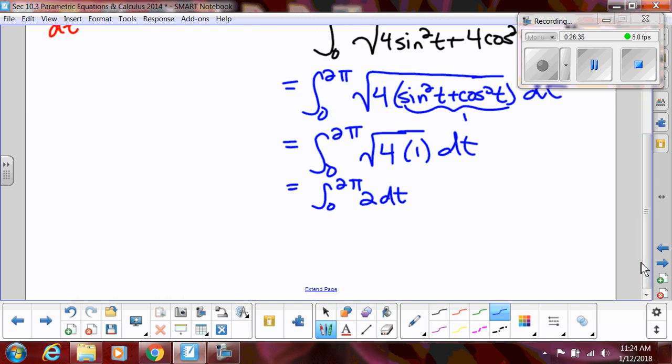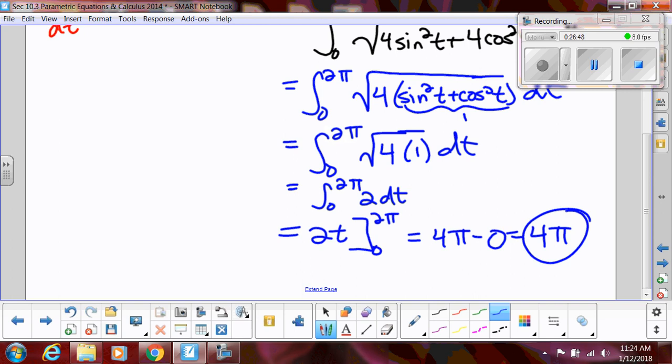So if we do the integration, super easy, right? 2t evaluated from 0 to 2 pi. So that'll be 4 pi minus 0. So our arc length is 4 pi. Now if you think about this, if you look at the graph of this, if you remember how we talked about how to graph these, this is actually a circle centered at the origin with radius of 2.